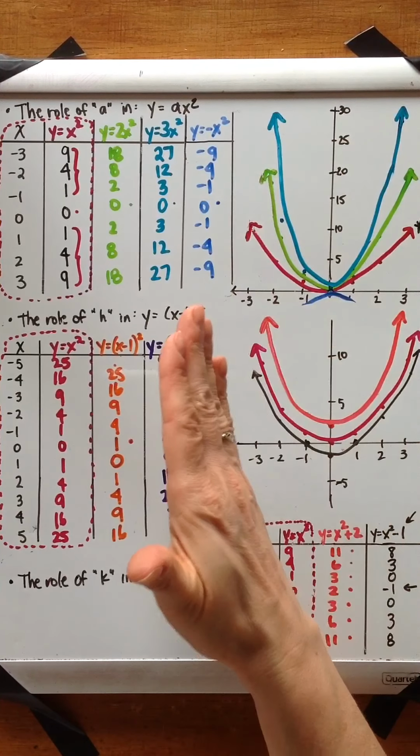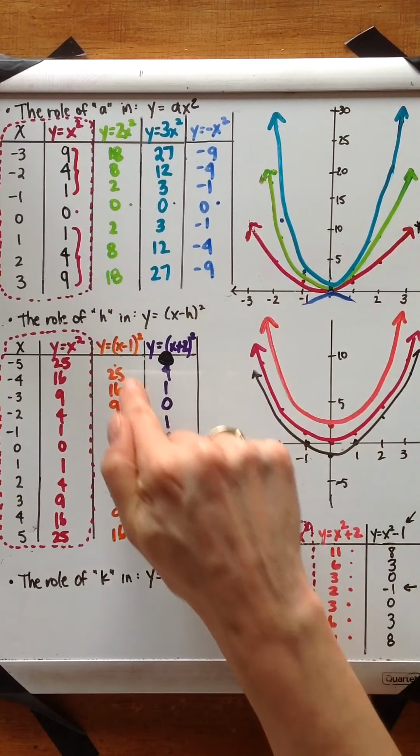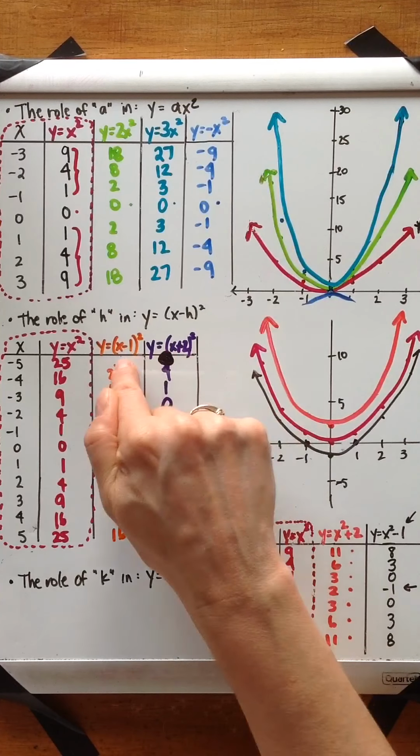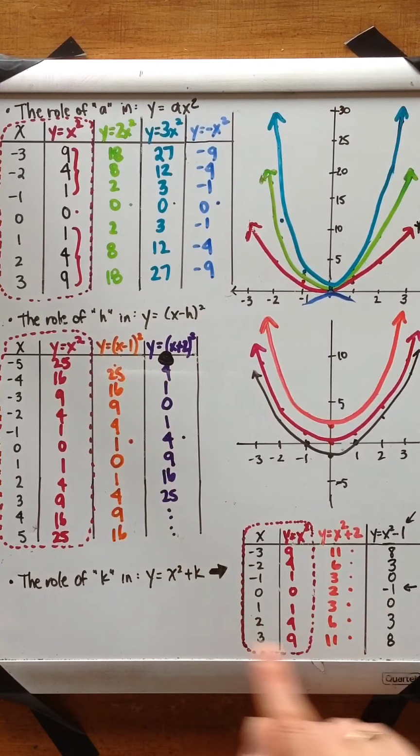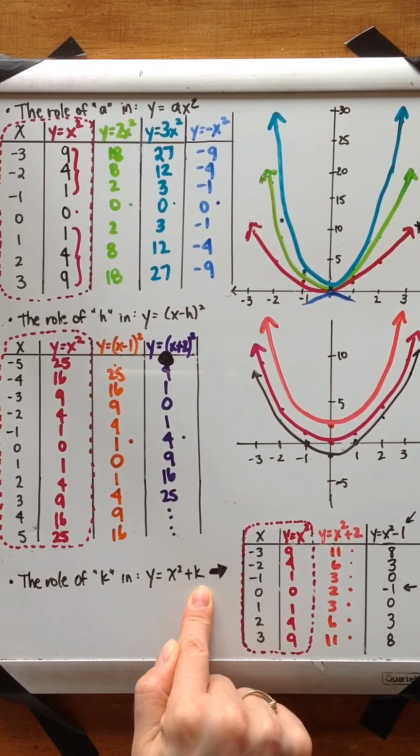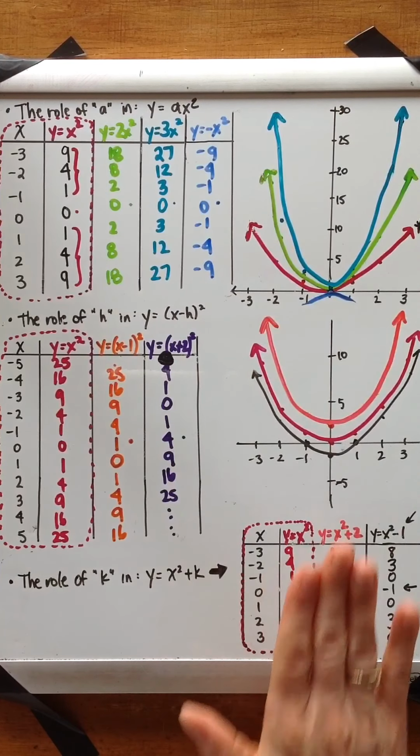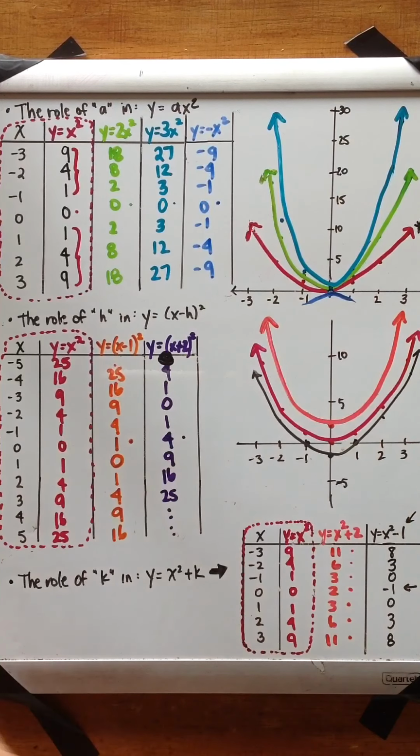That H has the ability to shimmy left and shimmy right, but kind of opposite to what you see. We'll talk about that in the next video. And then finally, that we can do something after the squaring, and that'll shift the parabola up or shift the parabola down. Those are so important to know. Take the time to do the investigation and to fill in the summaries at the bottom of each page so you see the big ideas.